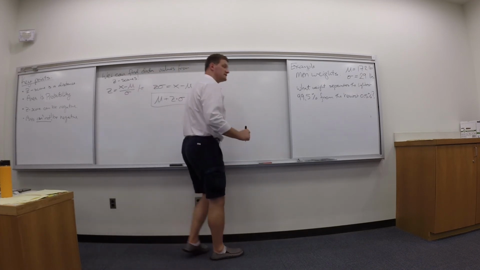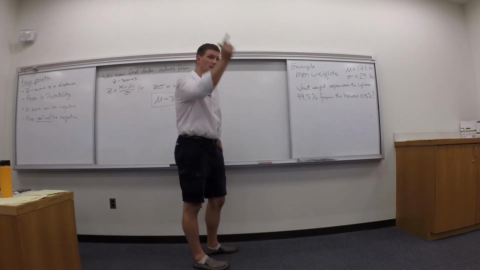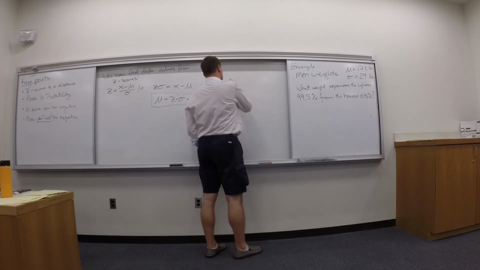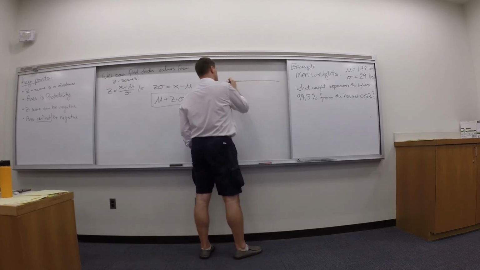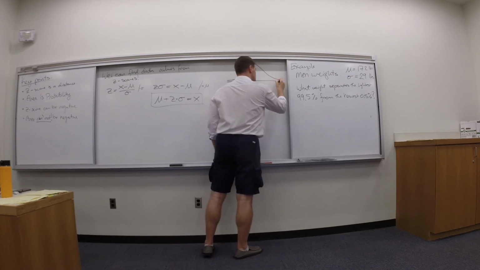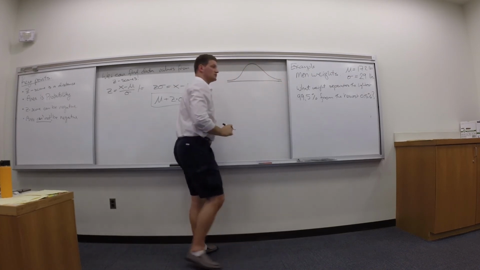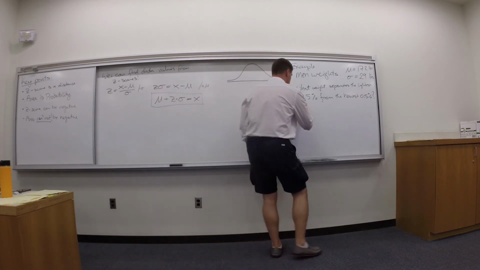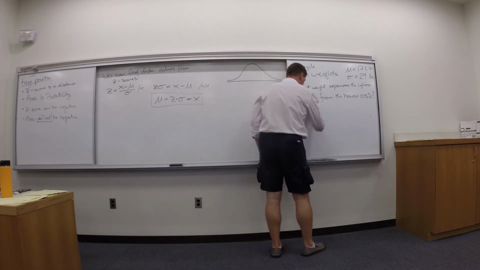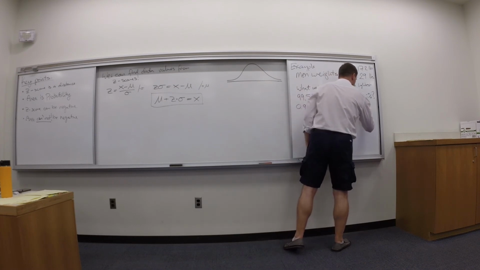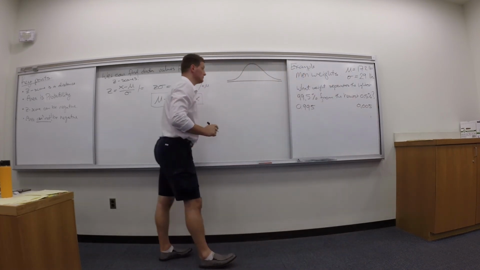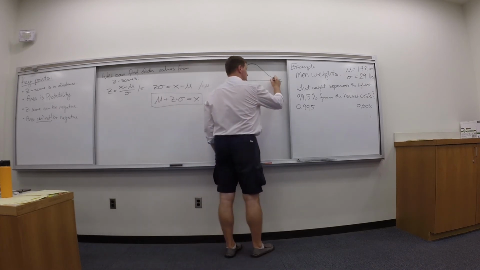Okay. Step one, we don't know how to start, so we draw the picture. Where's 0.5%? This is 0.995, and this is 0.005. So we are looking somewhere here, maybe.